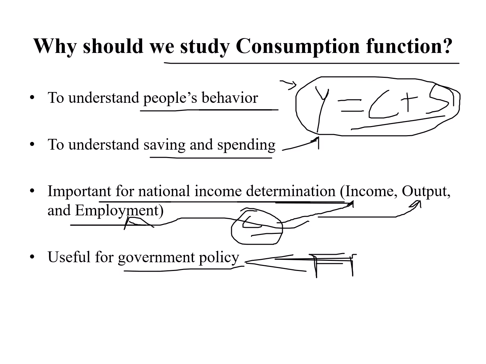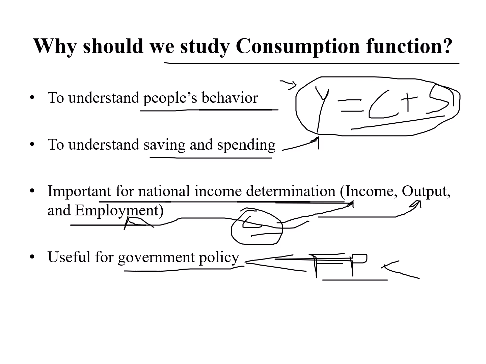Fiscal policy includes government expenditure, taxation, and public debt. By understanding the consumption function, government policies will be decided, for example public expenditure and taxation based on the consumption level in the economy.